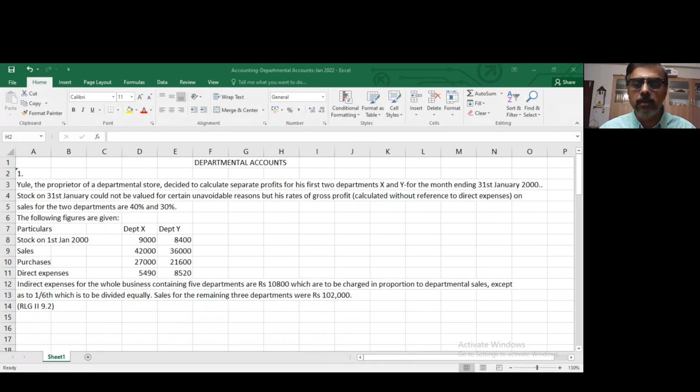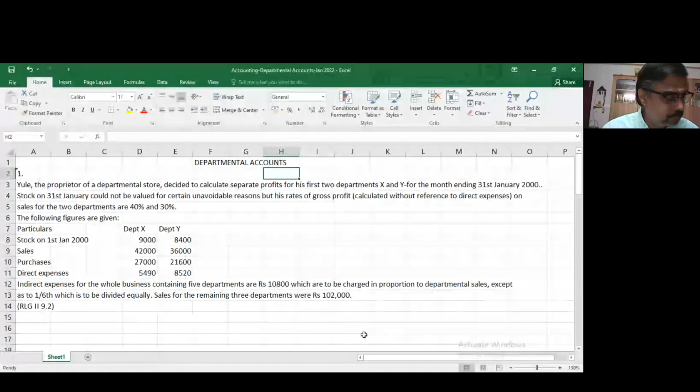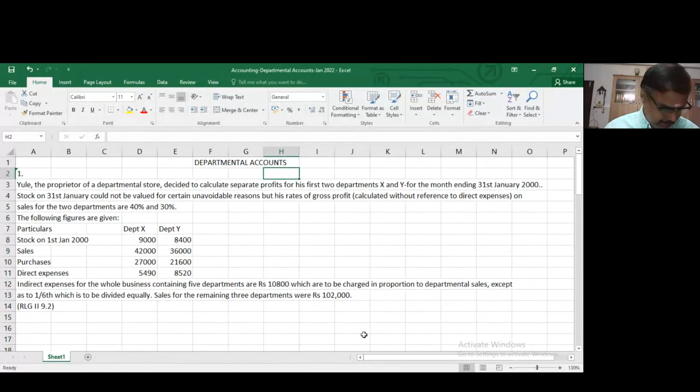One minute. Okay, great. All of you are able to see the screen and all, right? Yeah, no problem. No, sir, screen is not visible. Yes, visible. All of you are able to see the screen?